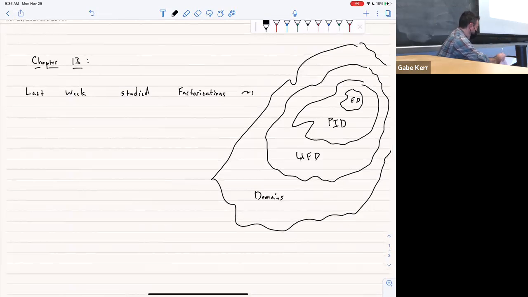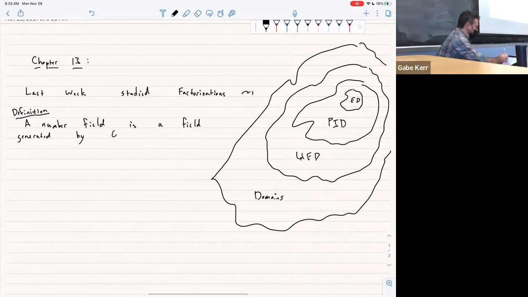What is a number field? A number field is a field generated by the rationals and some finitely many complex numbers.